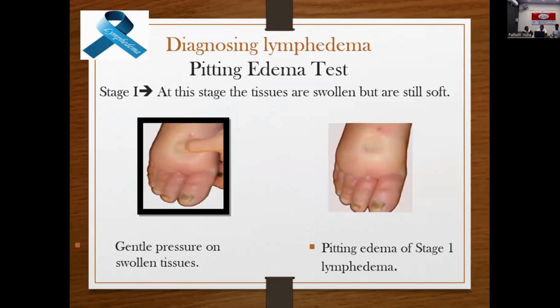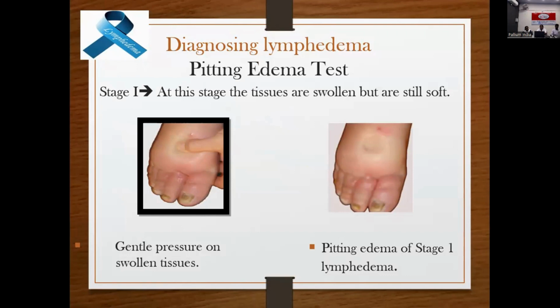It is called the pitting edema test. How to do the pitting edema test: in the first stage, we have to apply gentle pressure over the swollen tissue. Pitting edema means the marking of our pressure point can be seen by the naked eye. So we have to perform the pitting edema test in lymphedema patients. This is performed in the first stage of lymphedema.